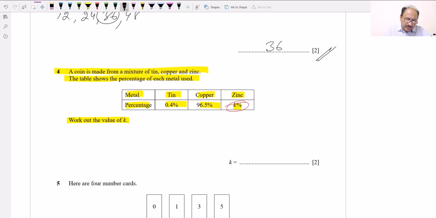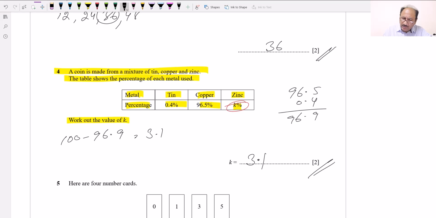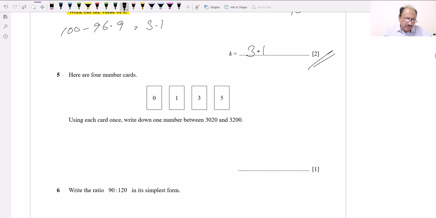We can add 96.5 and 0.4. So this will be 96.9, and 100 minus 96.9 will be 3.1. So the answer will be 3.1, and this is a 2 marks question which is done. Hopefully you understood this.